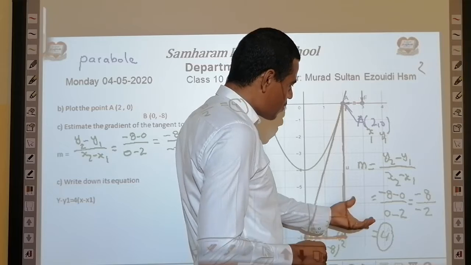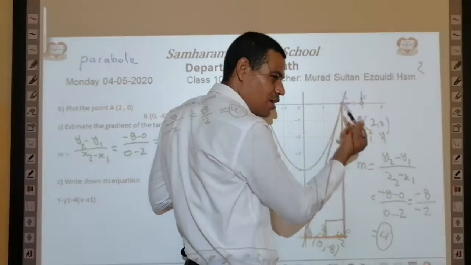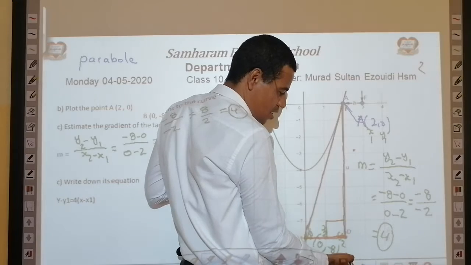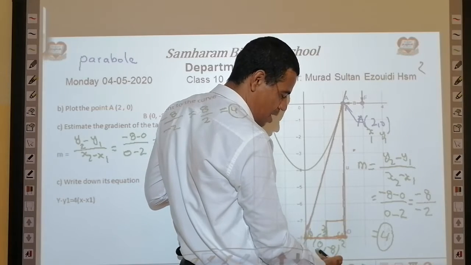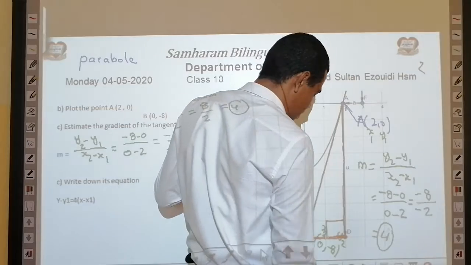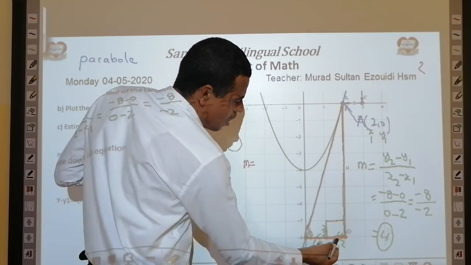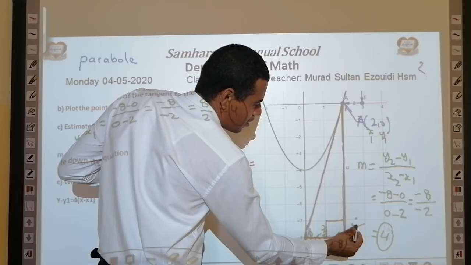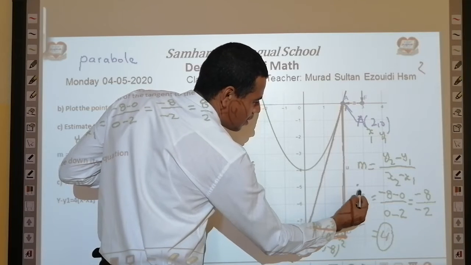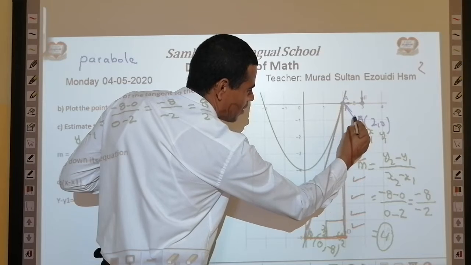So the gradient is the number of units in the y direction divided by the number of units in the x direction. It means m equals how many squares: 1, 2, 3, 4, 5, 6, 7, 8.